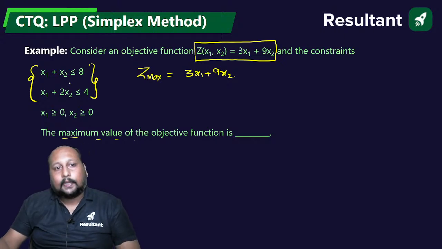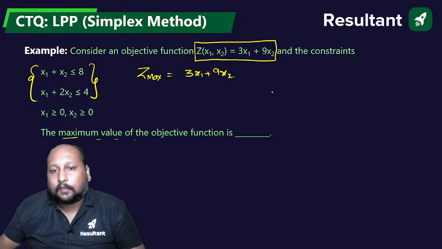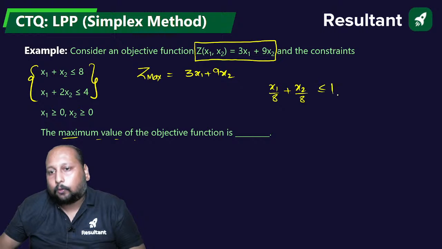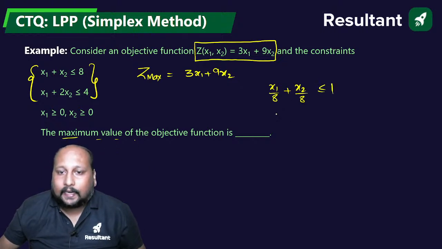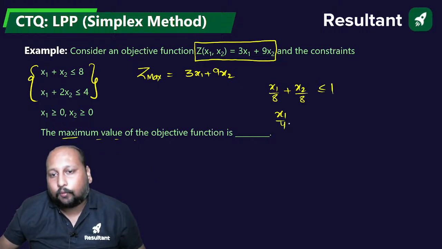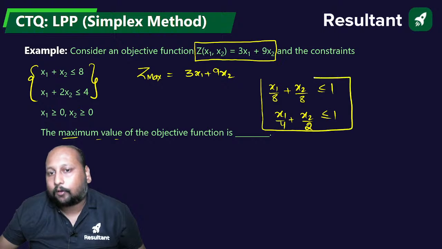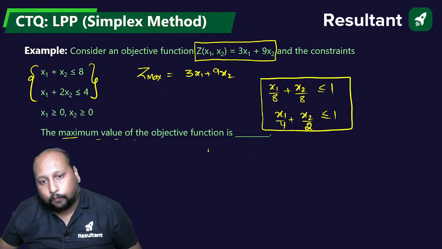All right, chalo, let's rewrite the first constraint, that is x1 by 8 plus x2 by 8 less than or equal to 1. Perfect. The second constraint can be written as x1 by 4 plus x2 by 2 less than or equal to 1. So we have written the constraints in the intercept format. Chaliye, let's try to plot the graph.